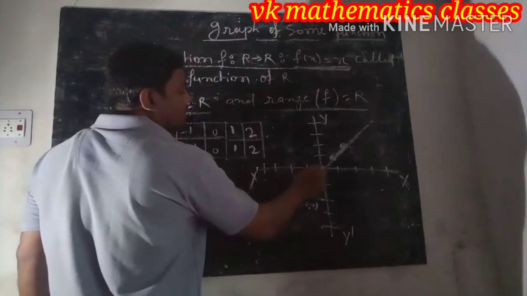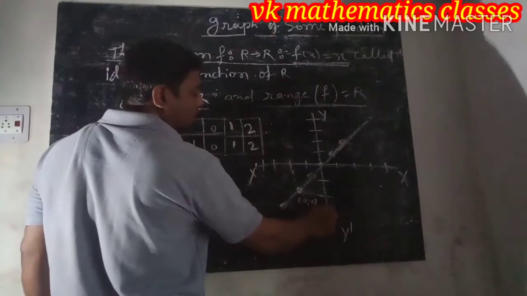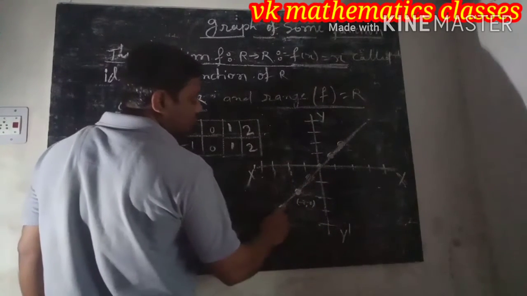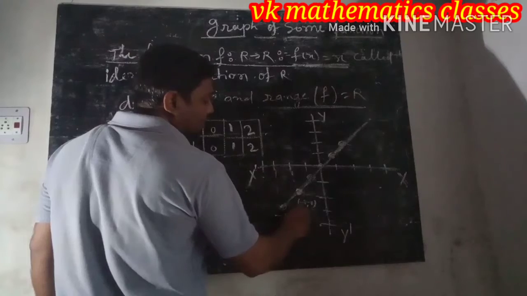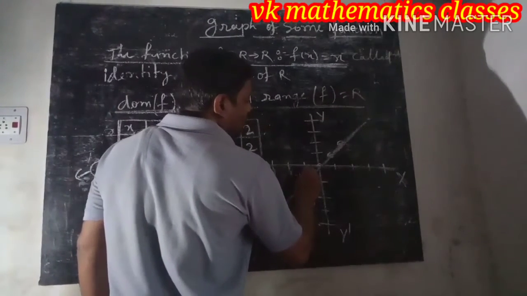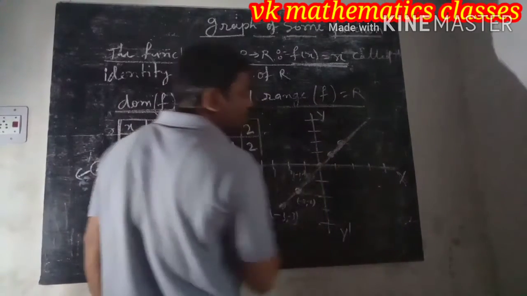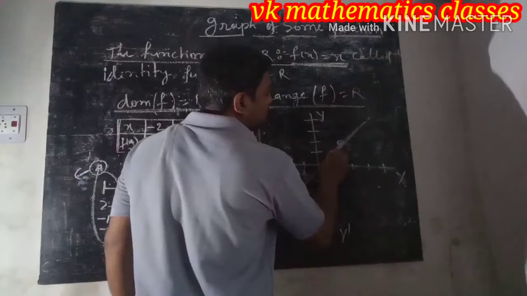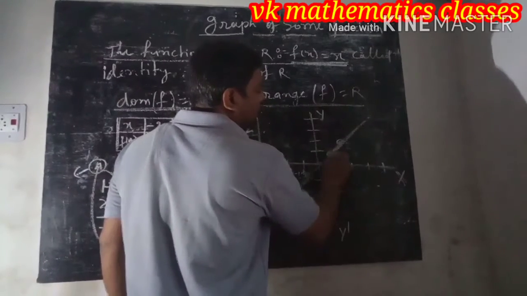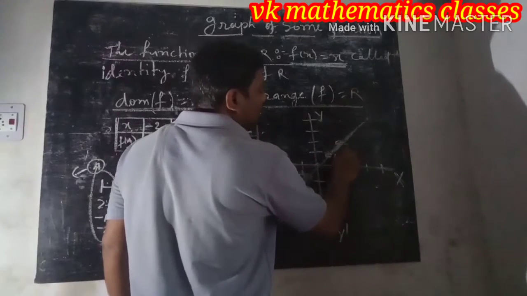This is minus 3, minus 3, and this is minus 1, minus 1. This point is 0, 0, the origin, and this point is 1 and 1, so x is 1 and y is also 1.